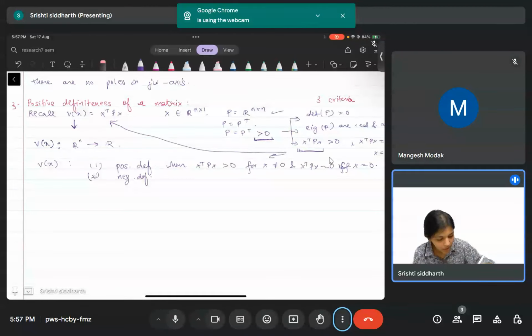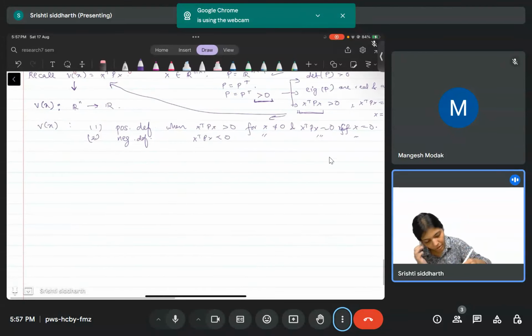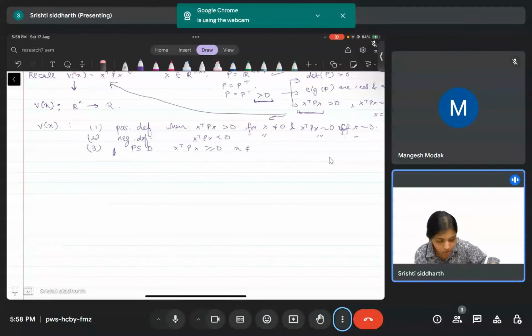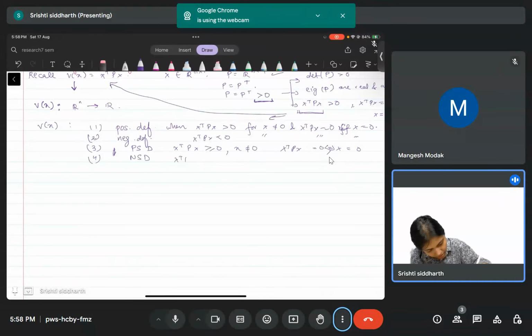When is this scalar function negative definite? When x transpose Px is strictly negative, and it is equal to 0 only when x is equal to 0. Then we have something called semi-definiteness. Let me show you positive semi-definite. x transpose Px can be greater than or equal to 0 even when x is not 0, and 0 when x is 0. And similarly here, negative semi-definiteness. x transpose Px will be less than or equal to 0 even when x is non-zero, and 0 when x is 0.